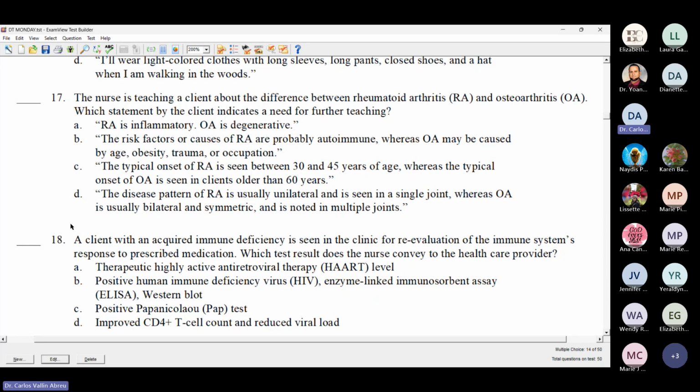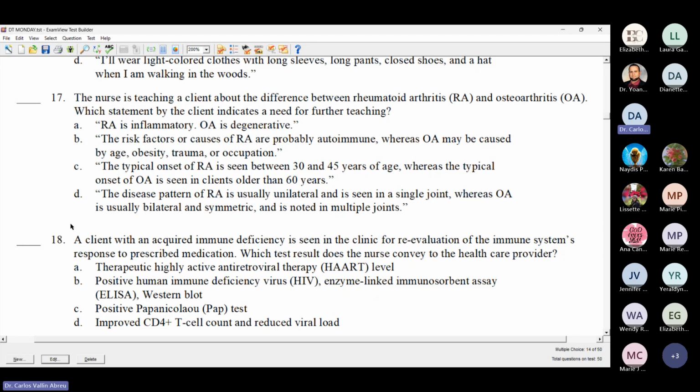So now you know that the option A, that rheumatoid arthritis is inflammatory, is true, because inflammation has to do with immunity and it is an autoimmune disease. Inflammation is the first step of defenses of the immunity to protect us from infections. Inflammation implies pain, swelling, warmth, and erythema or redness.